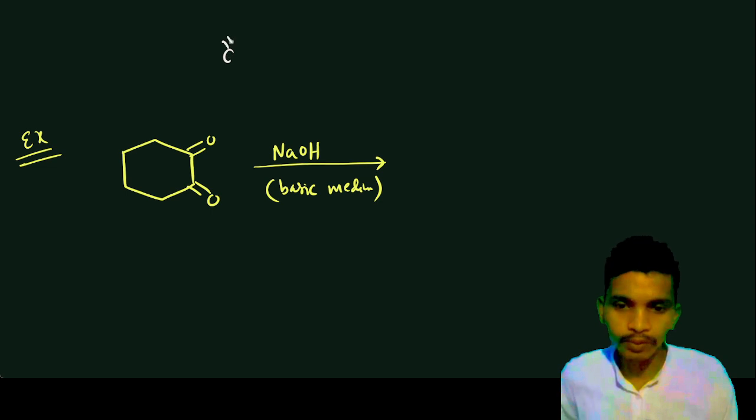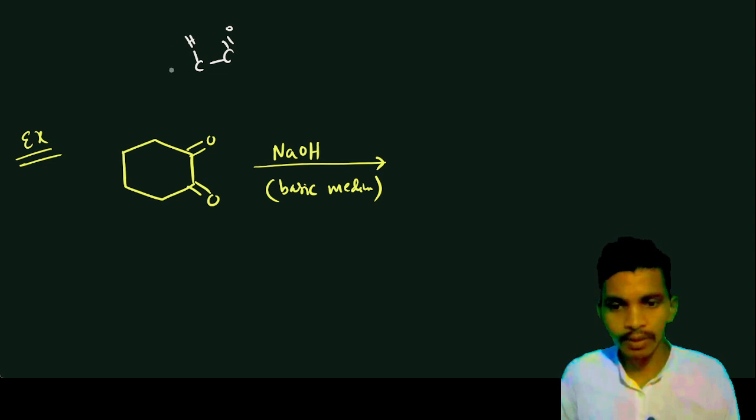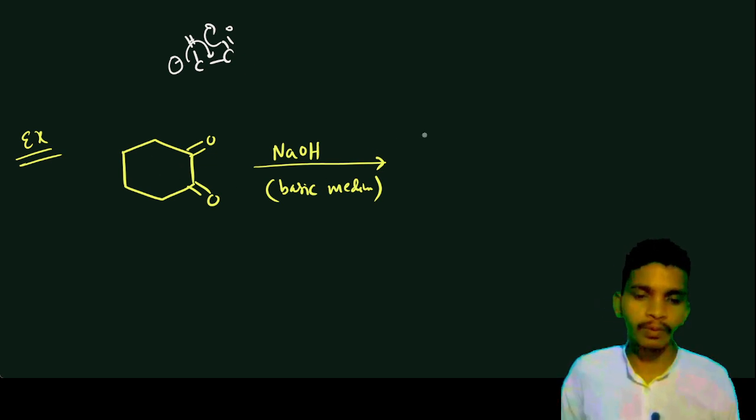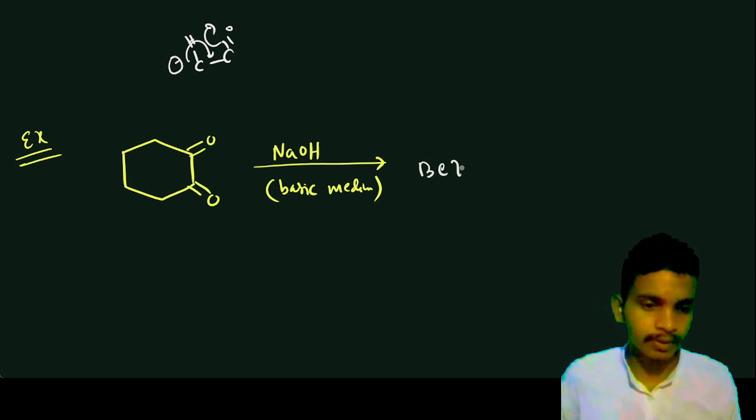Because in this CO, if we have CH2, then this is going to be the acidic proton, because the carbanion is going to be stabilized by this. So acidic proton is there, so it will not do the benzil benzilic rearrangement.